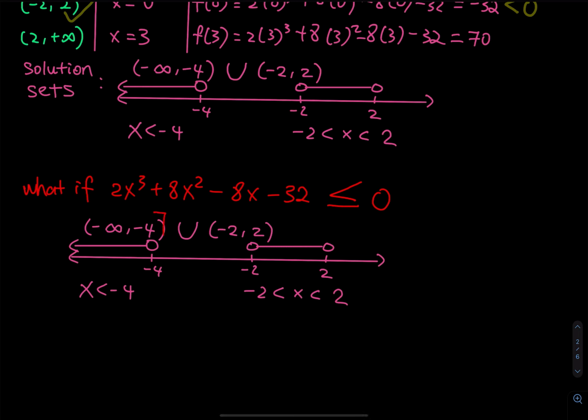So this is not a parenthesis, that becomes a square bracket, that becomes a square bracket, that becomes a square bracket. So this is a solid circle, this is a solid circle, this is a solid circle. What does that mean? Solid circle and square bracket means it is okay to include negative 4, negative 2, and positive 2 when there is an equal.